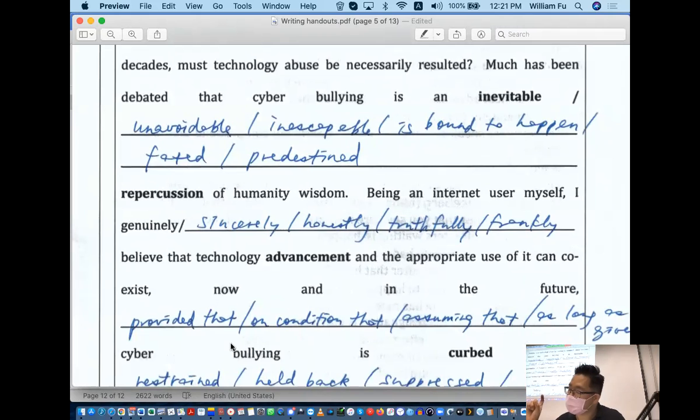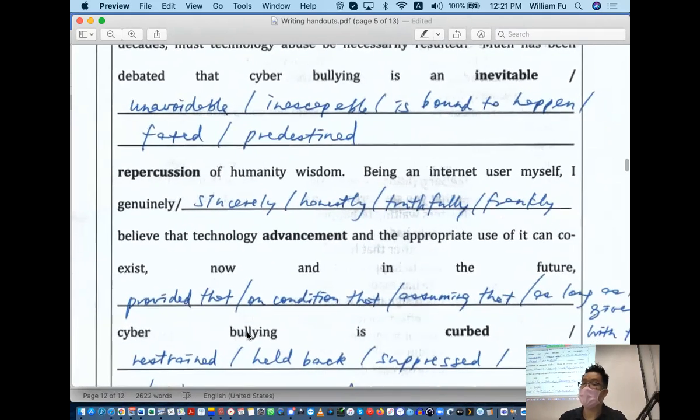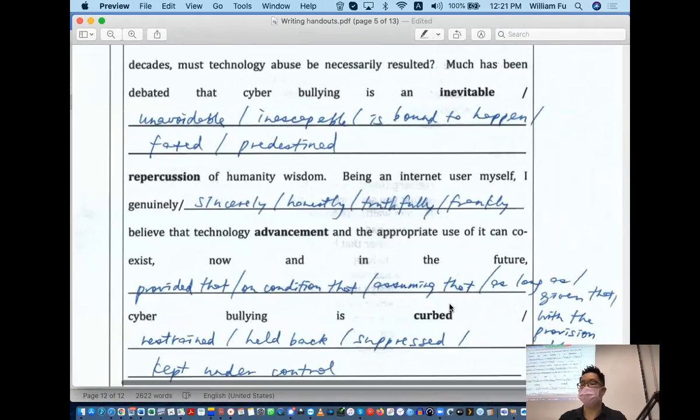Now, if you want to say one condition has to be made, you use provided that. Means that condition, you have to have this condition that, or on condition that, or assuming that, okay, or as long as, or given that, or with the provision that cyberbullying is curbed, or restrained, or held back, or suppressed, or kept under control.